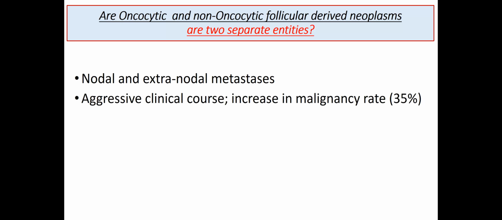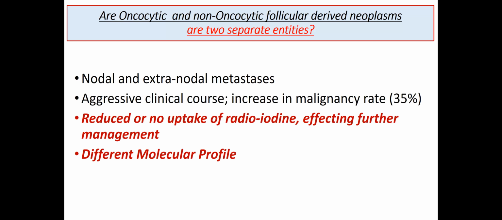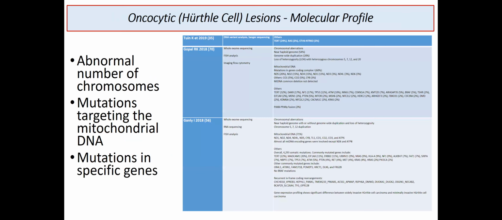They have an aggressive clinical course, as I was showing you. The other thing, which is very difficult for these, is the management. Aggressive oncocytic carcinomas can lose their sodium iodide symporter mechanism to take up iodine to make thyroid hormones, and that may make it very difficult to manage these tumors.